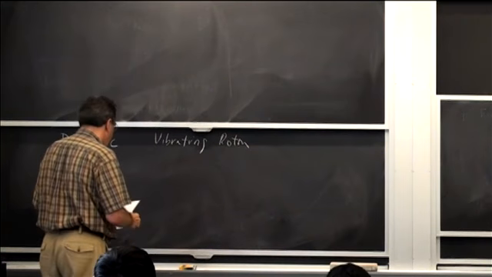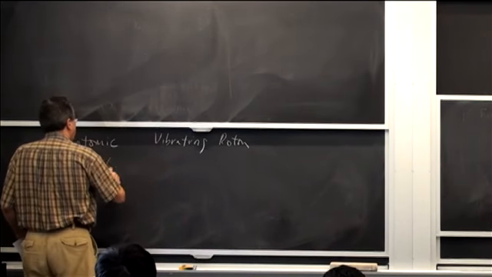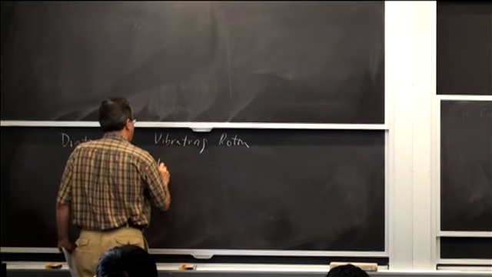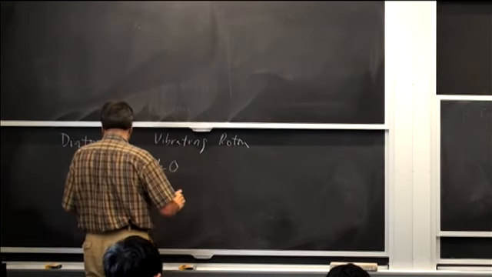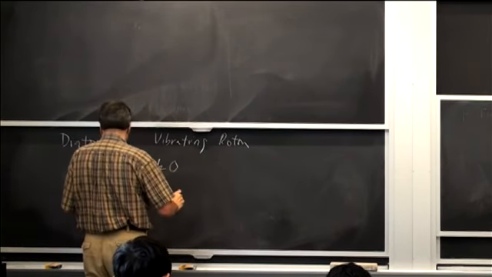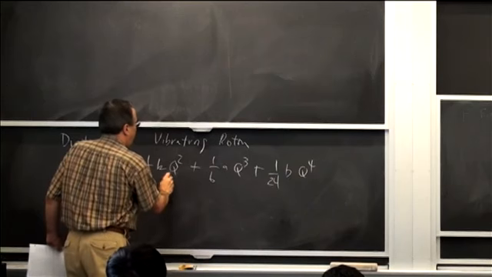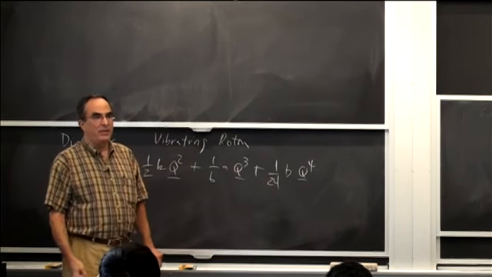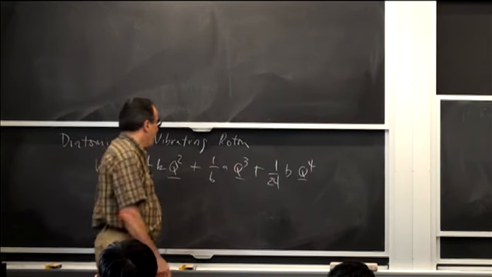And so we have a potential, and the potential has the harmonic term, and then a cubic term and a quartic term. So these are the operators that you're going to be dealing with using perturbation theory.